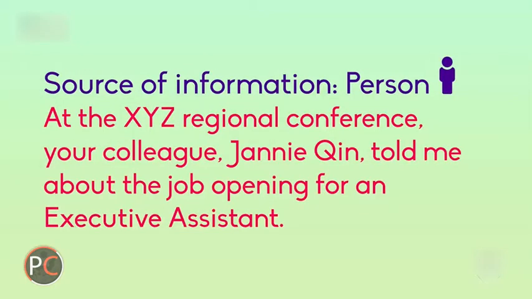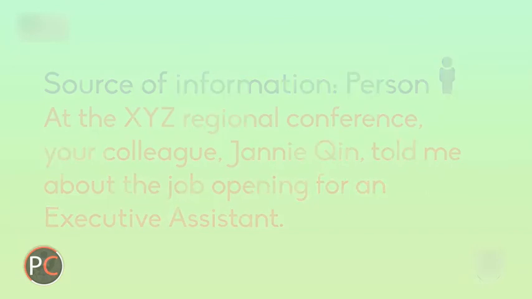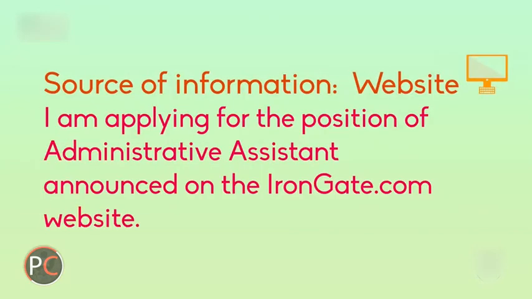At the XYZ regional conference, your colleague Janie Quinn told me about the job opening for an executive assistant. 2. I am applying for the position of administrative assistant announced on the irongate.com website.